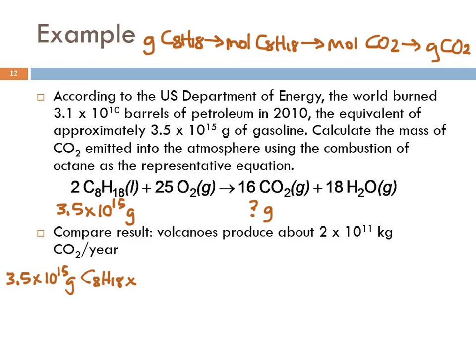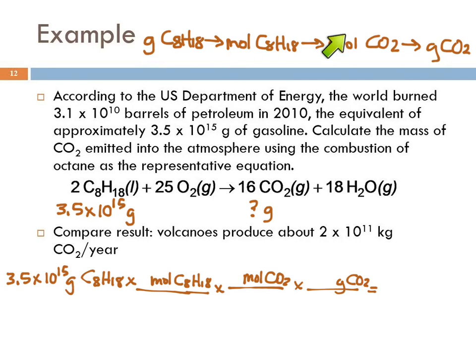And on the next line, I'm going to have moles of C8H18. And on the next line, I'm going to have moles of CO2. And on the final line, I'm going to have grams of CO2. Grams to moles to moles to grams.